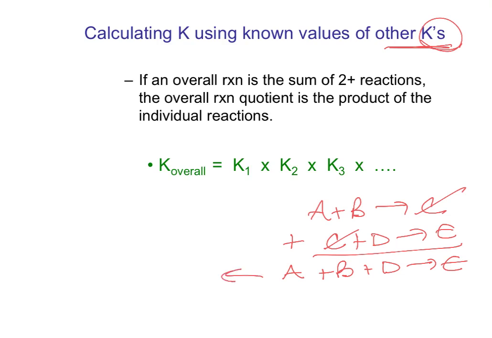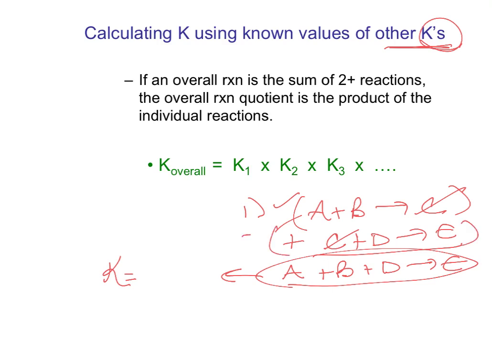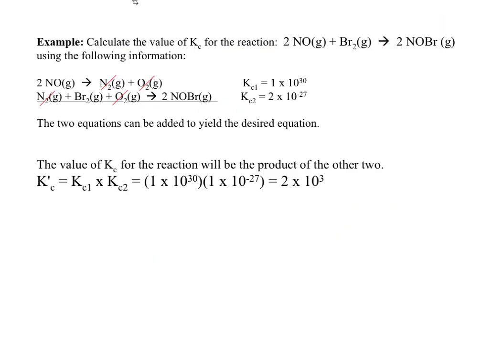So the K, or the equilibrium expression for this overall reaction, would equal the product of the K's for the reactions you added, okay? If we call this reaction 1, this reaction 2, and the bottom one reaction 3, we could say that K3 equals K1 times K2.